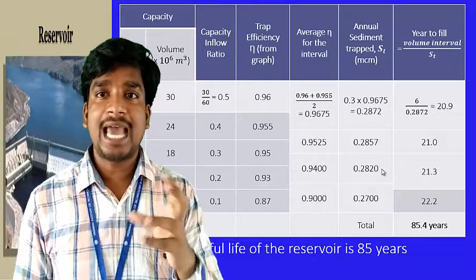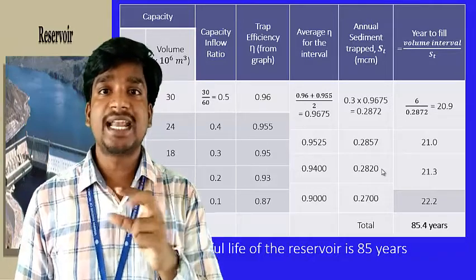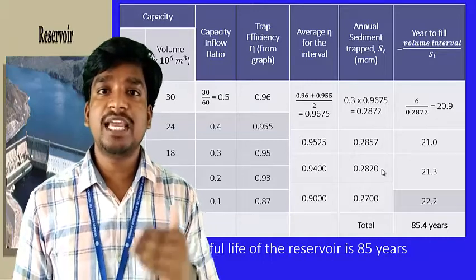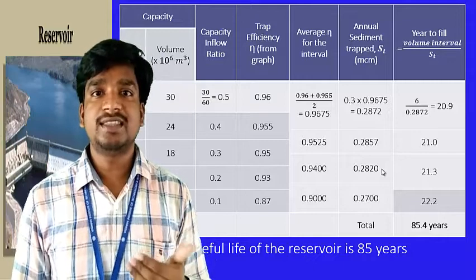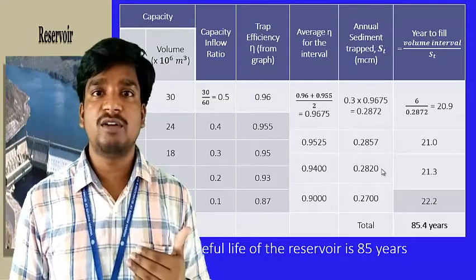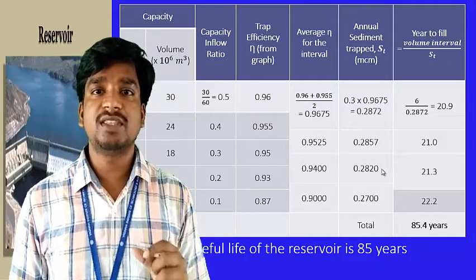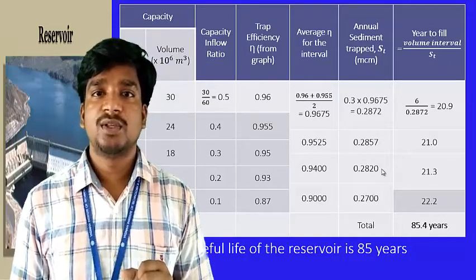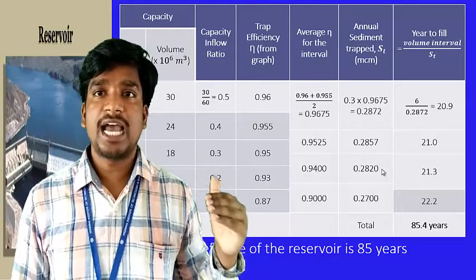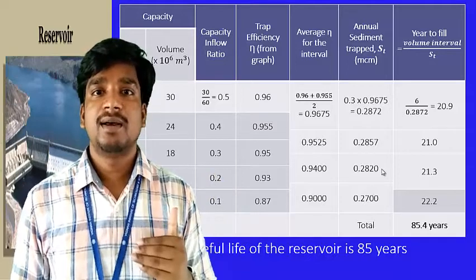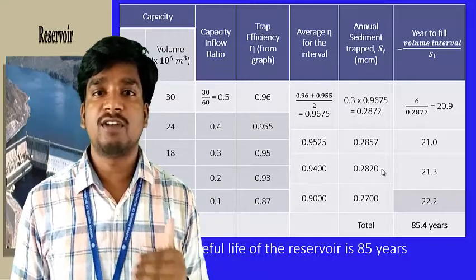Here the average trap efficiency for the first interval assumed is 0.9675. And what is our inflow rate for the first one? It is 0.3, which is the inflow rate of the reservoir given in the problem. Now multiply 0.3 with 0.9675. Whatever value you get will be the annual sediment trapped in the reservoir for that particular volume and interval of time.